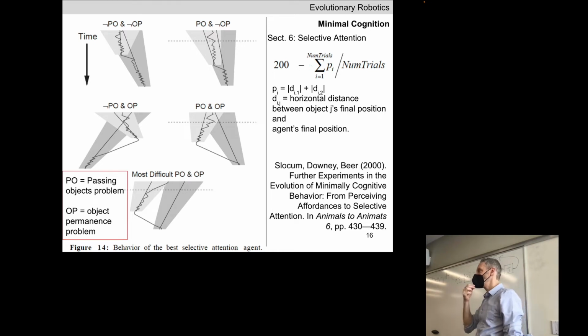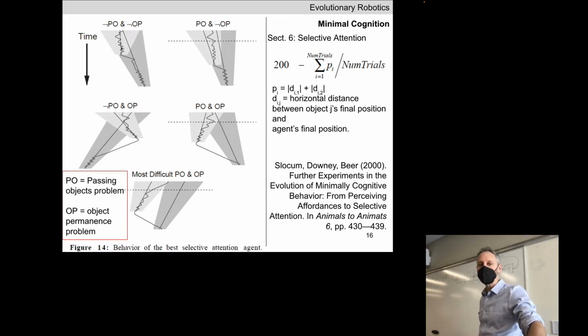No passing objects problem. How do we know that there is no object permanence problem? You can actually see it in the figure. There's no point in which the robot needs to not see one or both objects. You can tell because the wedges are overlapping at the bottom. Absolutely.